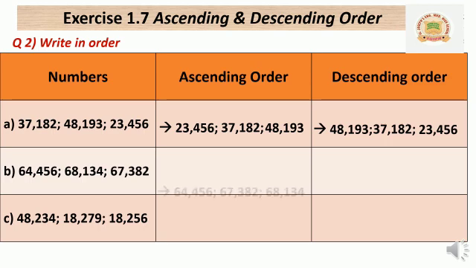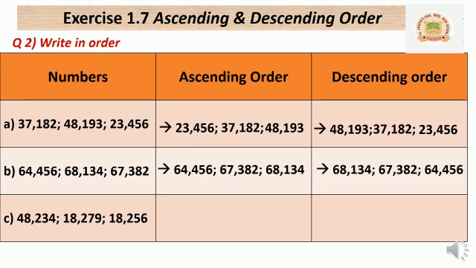Next is 67,382. The last is 68,134. Now we have to write in the reverse order. Which number comes first? 68,134. Next is 67,382. The last is 64,456.